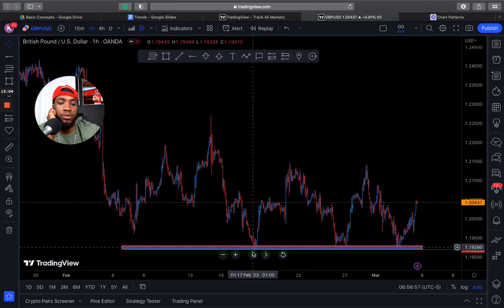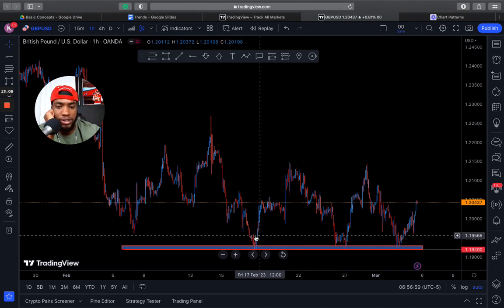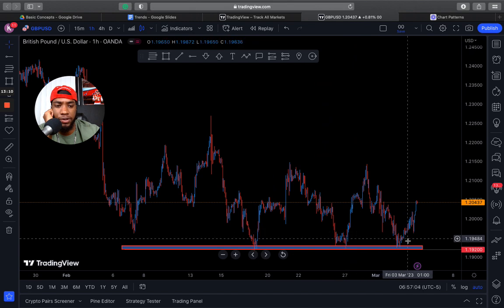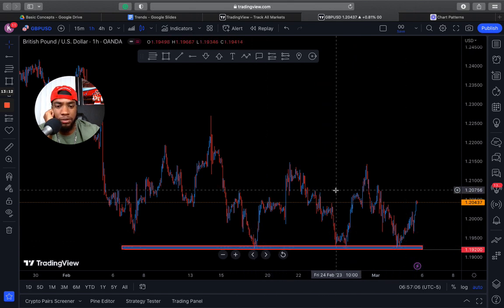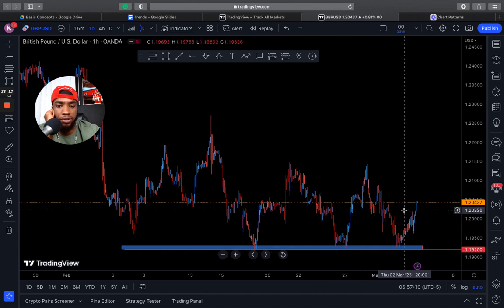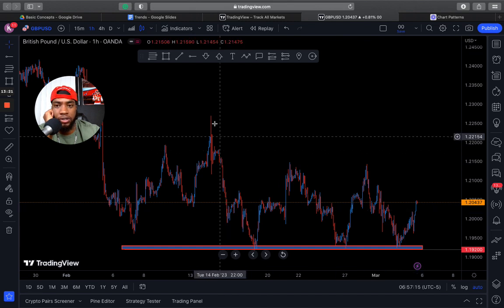All right, so support is any area where you're seeing price come down to and test multiple times and fail to break. All right, so boom, came down, didn't break through. Came down, didn't break through. Came down, didn't break through, right? Resistance is going to be areas in price that you're seeing are tested multiple times.